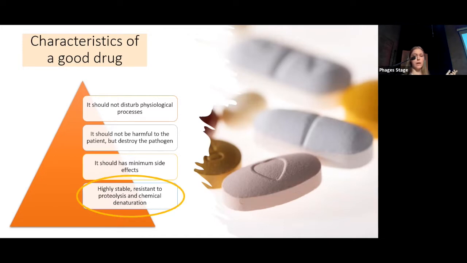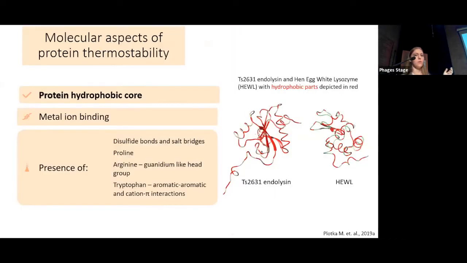What describes thermostable proteins very well, and why proteins can be stable at higher temperatures? First of all is their hydrophobic core, which increases the compactness of the protein.